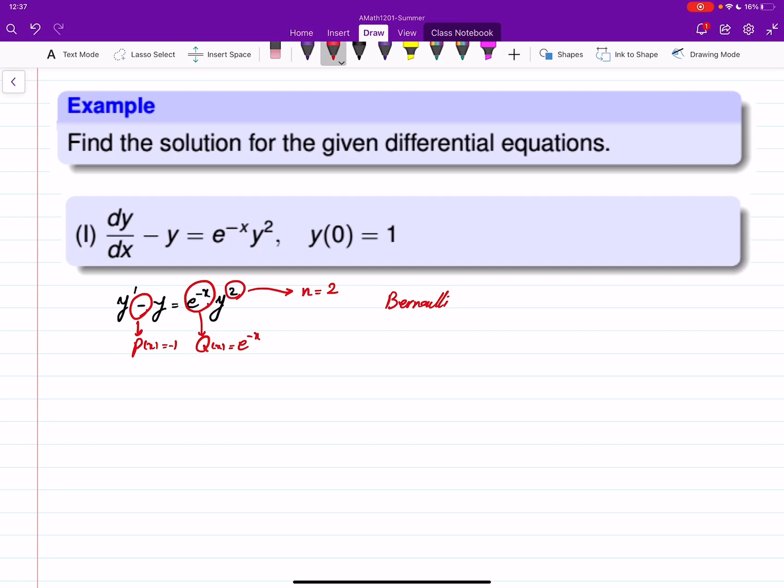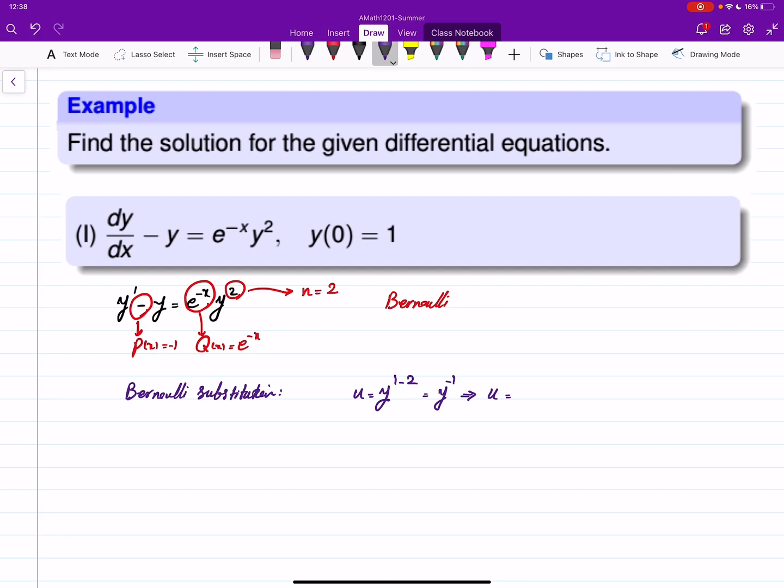Now we use the Bernoulli substitution, which is the new variable u equals y to the power 1 minus n. Here n is 2, so it will be y to the power negative 1.